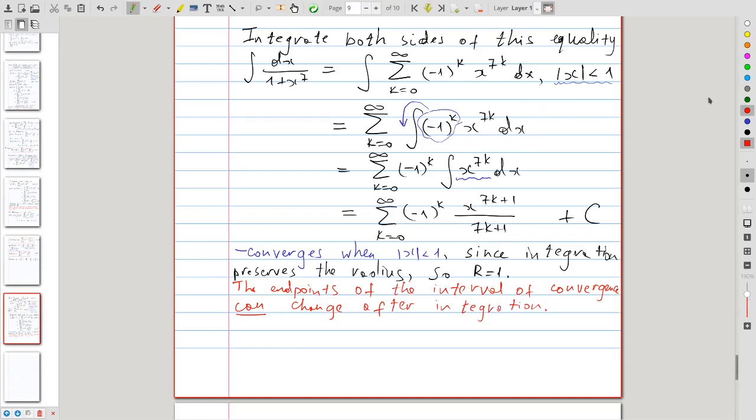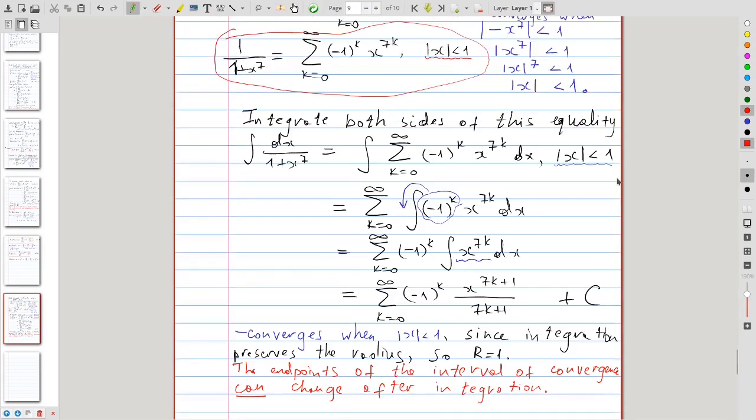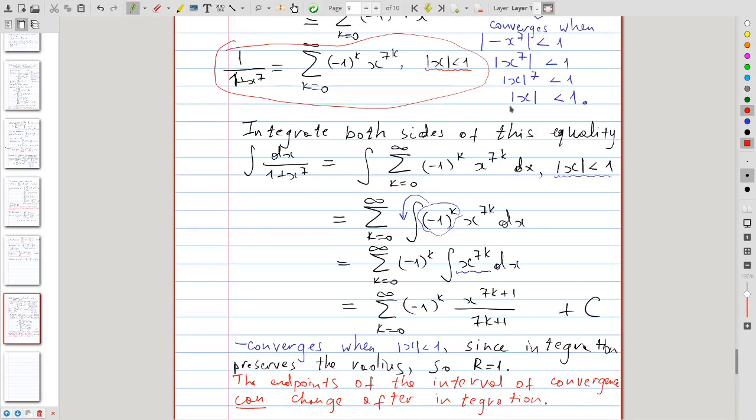So the original series converged on the open interval from -1 to 1.